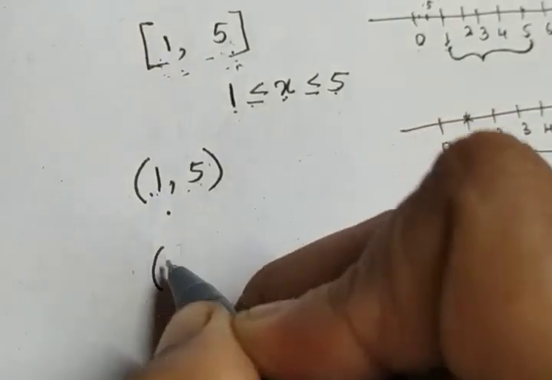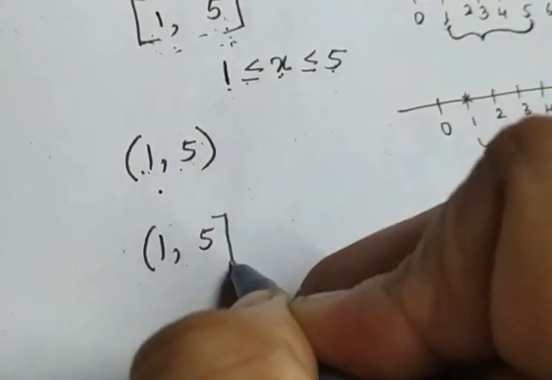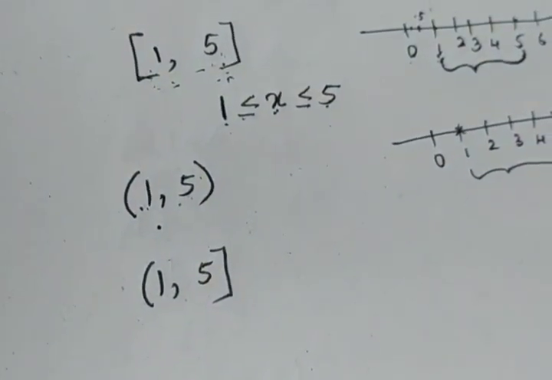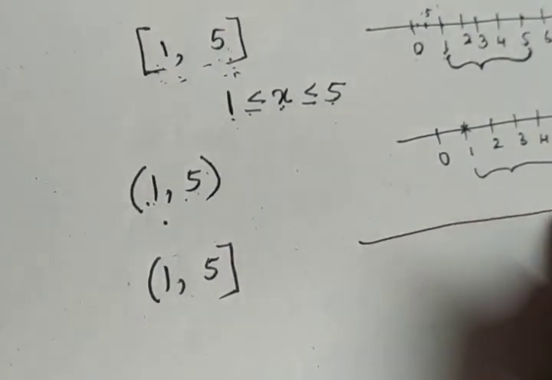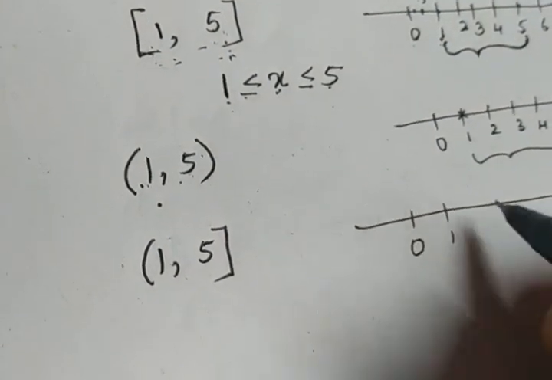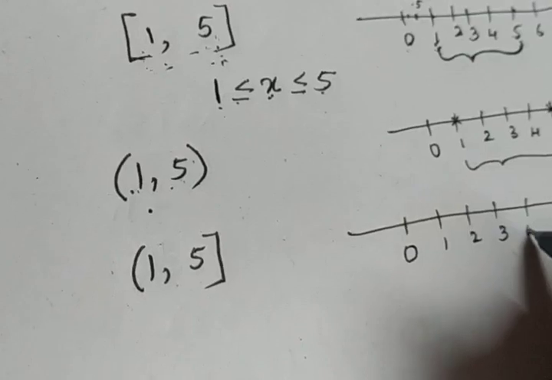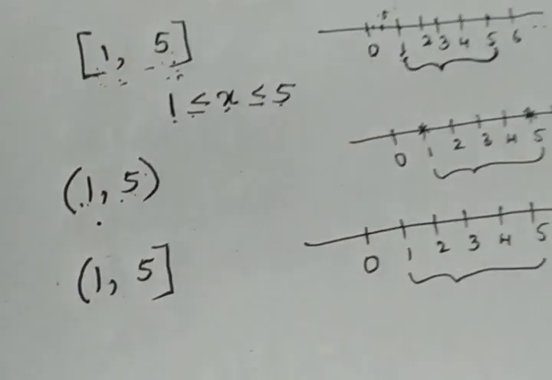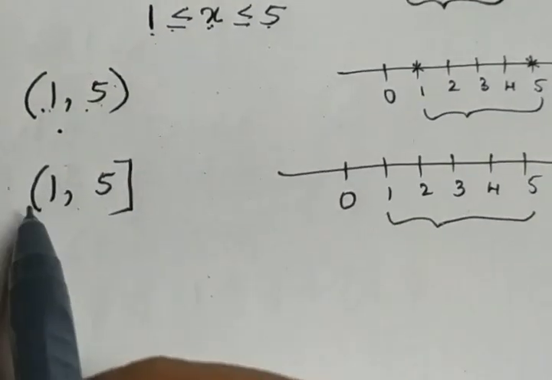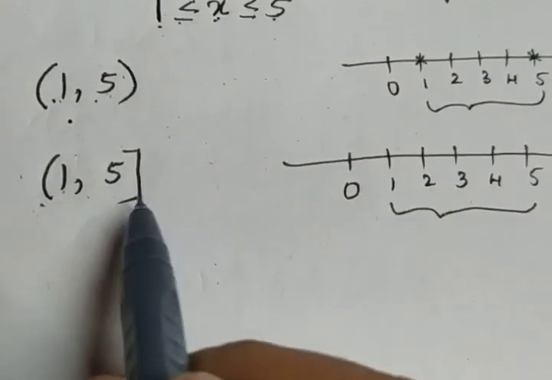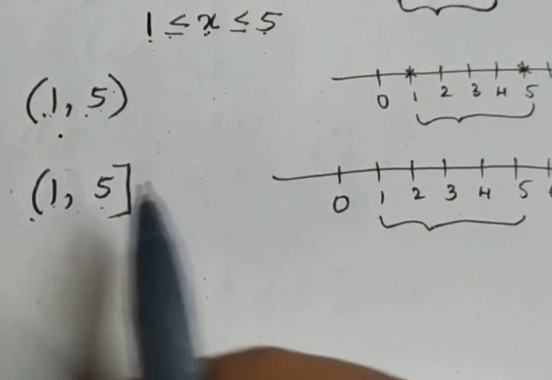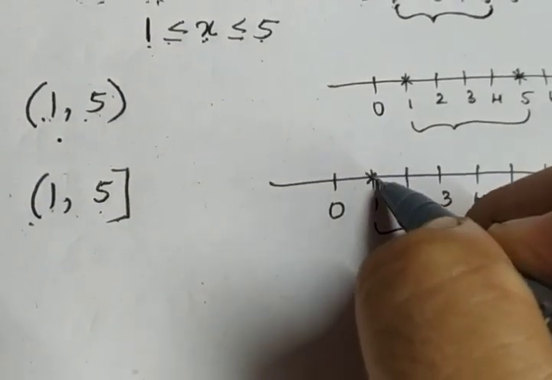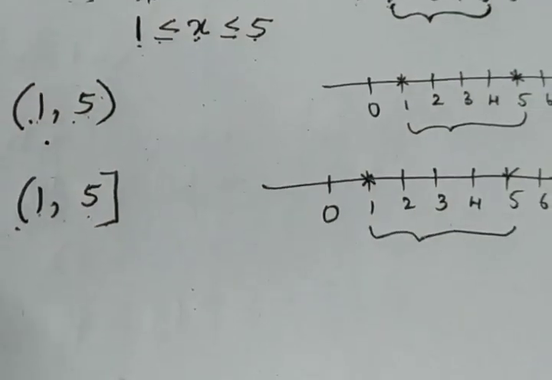Again, if I take open-closed (1, 5], can you say what the numbers will be? There also we take all the real numbers between 1 and 5. 1 is with the open bracket and 5 is with the closed bracket, so 1 is not there but 5 is there.